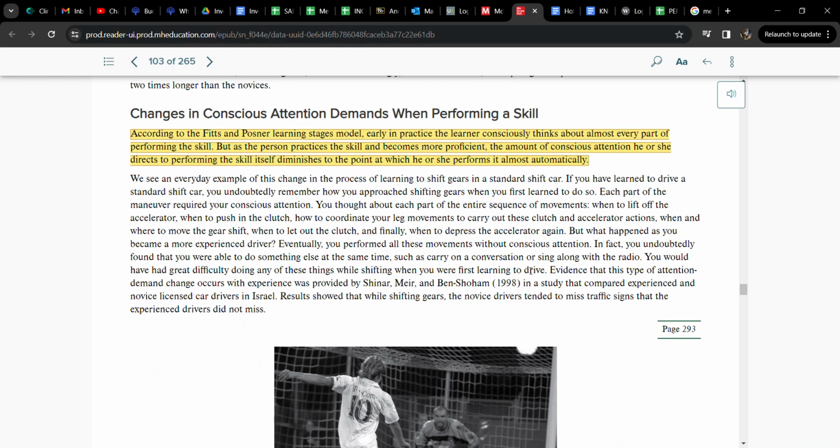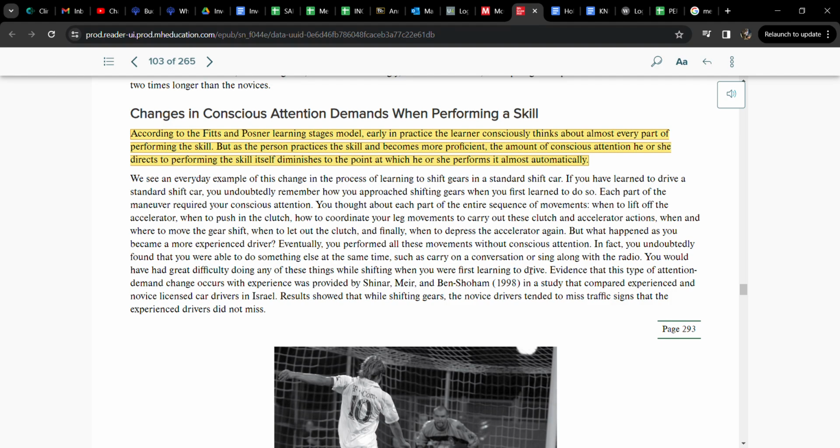Next is changes in conscious attention demands. I've already talked about this prior. This is basically how much effort you are putting in, in that moment, to pay attention to the skill you're doing. I'll use texting in class again. When you first got your phone and it's brand new to you and you don't know where the keyboard is, you need to spend more conscious attention on that phone in order to execute your text message accurately.